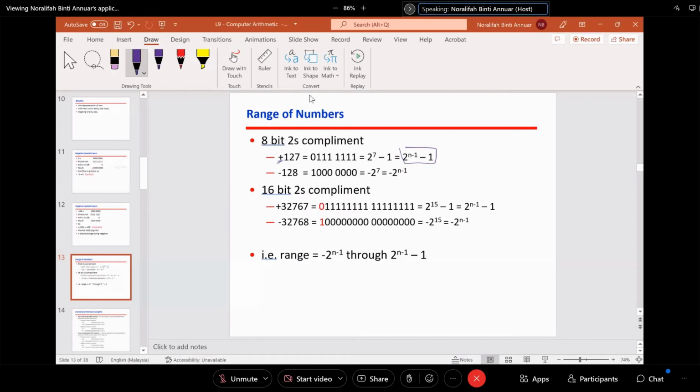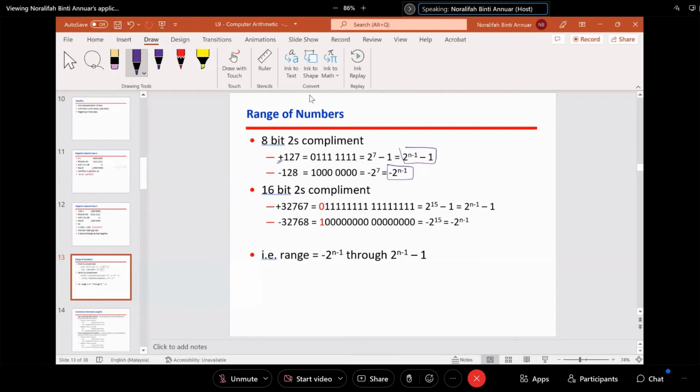Okay. What about if the negative sign? Ini yang tadi contohnya guys. Bila dia ada negative 1 to 8 ni, ini adalah complement, jawapan complement dia. So you know it's 1 to 8, right? It's a negative. So if you got the negative sign, this is the formula they are using. So formula dia adalah ada negatif ke depan, 2 to the power n minus 1. Beza kan, jadi tadi ada to the power n minus 1 minus 1.